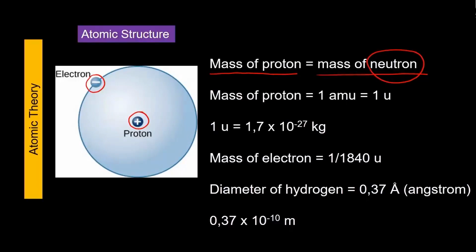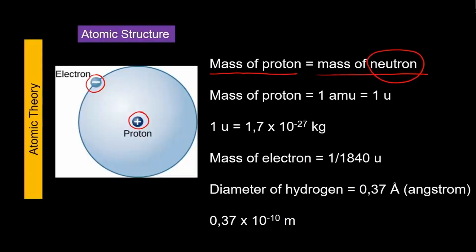Now, they used the proton as the reference point. Okay, so one proton, what are we going to call one proton? It's got mass. So they said that it was equal to 1. So one proton is 1 AMU. Now, AMU stands for atomic mass unit.